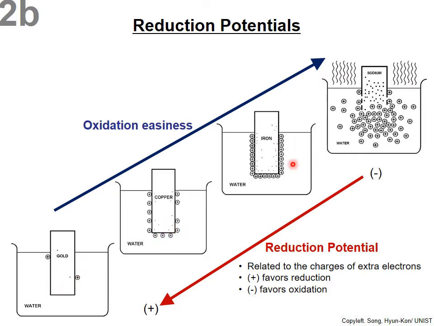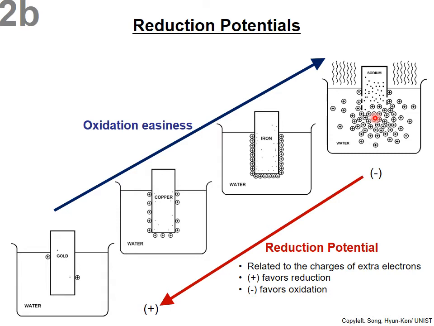How about the iron bar? Minus 20. More negative than copper and gold. How about sodium? Minus 100 electrons. So the most negative reduction potential would be obtained from the sodium metal. So that is the reduction potential.